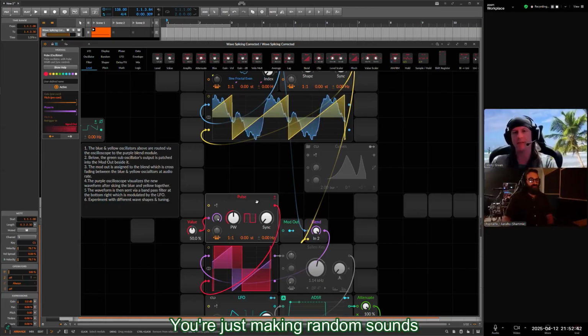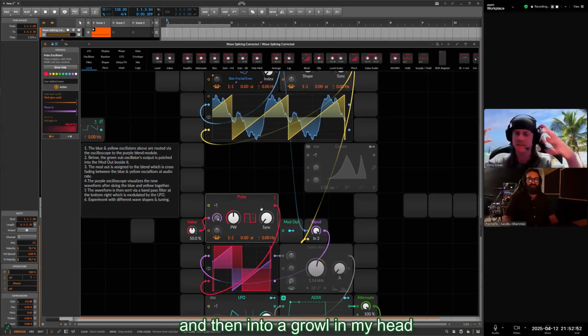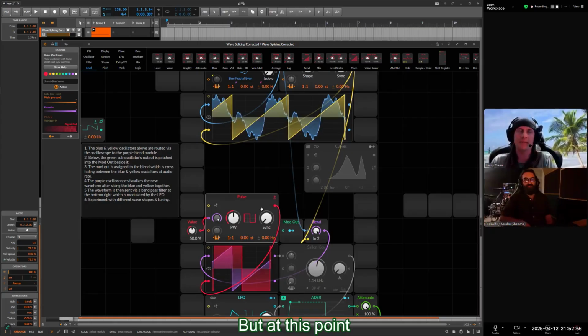You're just making random sounds and finding cool stuff. But when I first started out, I was doing a lot of FM growls and a lot of automation on squelches, and I really liked it because I could hear a squelch and turn it into a growl in my head, and I could do it with the automation. But at this point, the only FM stabs and stuff is just FM like Serum, and that's it. I want to know more different ones like this, you know?